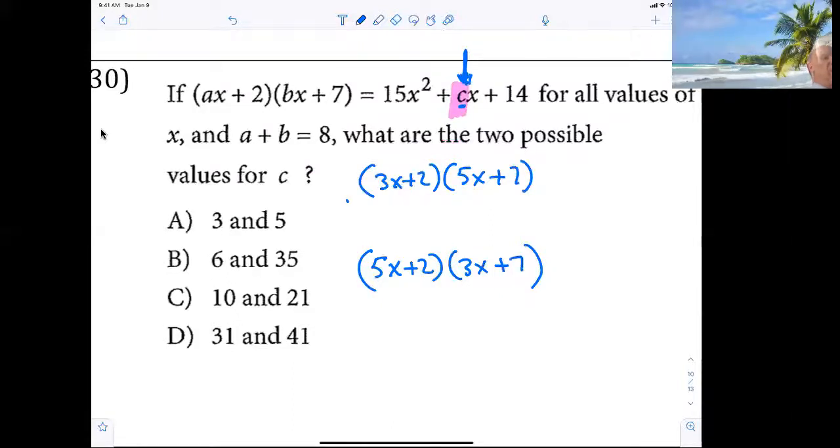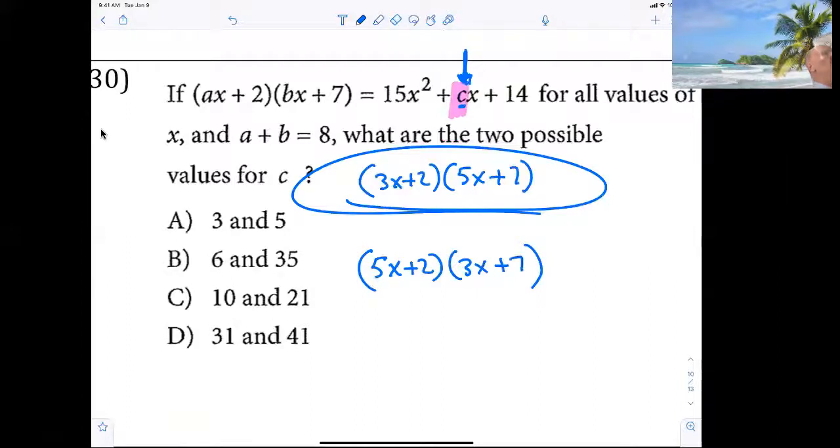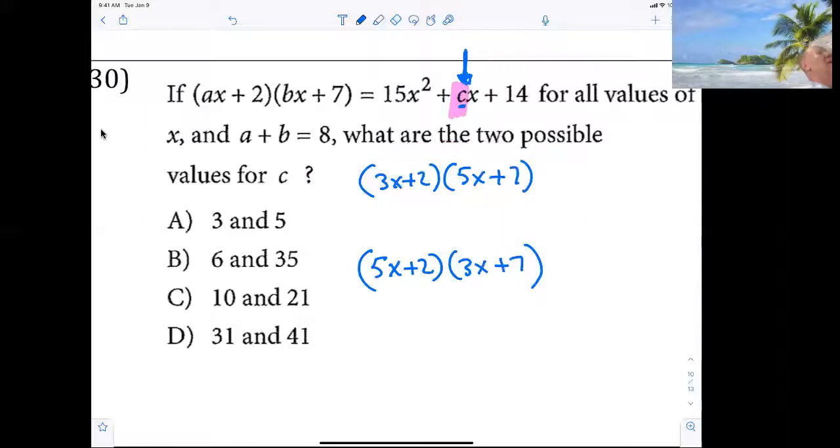So multiply this out if you don't know and tell me what number's in front of the X. Are you having trouble seriously adding 10 and 21? Really? You're hesitating on that. 31. So the answer must be what? Is the answer A, B, C, or D? Oh my goodness. I have no idea what y'all are doing.